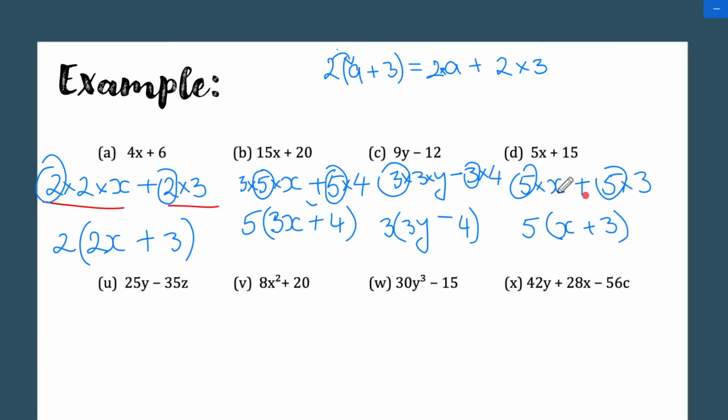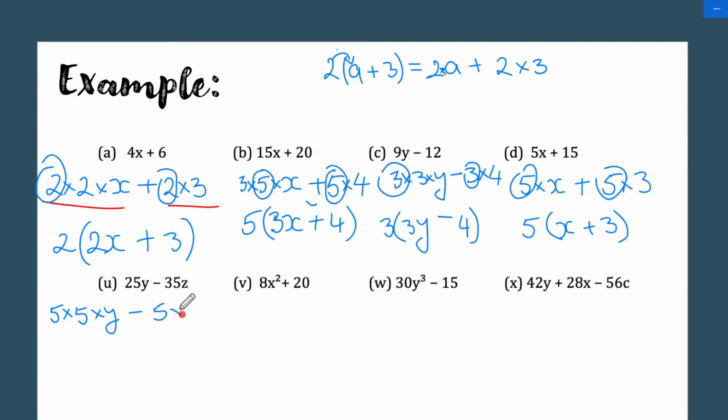Okay, that's it. Right, let's look here again. This one, as you can see, they both end in 5. It means they're both factors of 5. So 25 is 5 times 5 times y, because I need to use the y as well, minus, and 35, because I only have 5s here, I need to write this in terms of 5 times what?